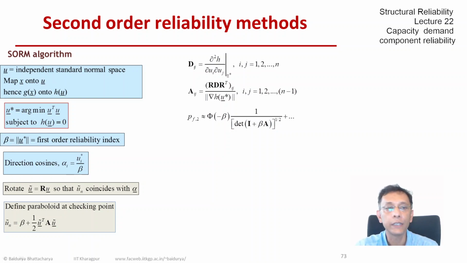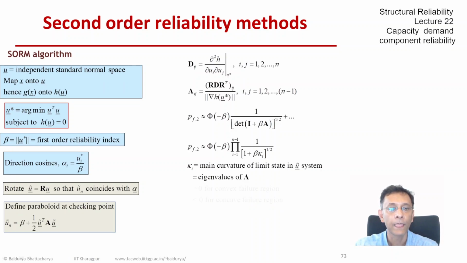So sometimes it could be more than 1, sometimes it could be less than 1, depending on whether your failure region is concave or convex, depending on whether you're undercounting or overcounting failure probability. Obviously, it cannot give the exact answer, but it does make an improvement, as we will see by solving the same problems we did before and resolving them with SORM.